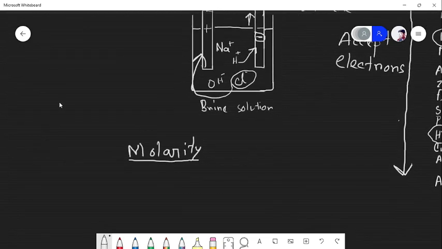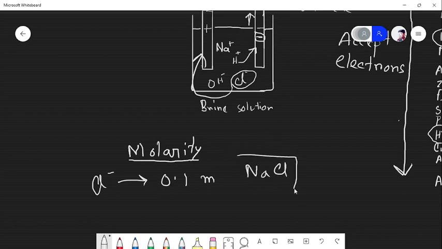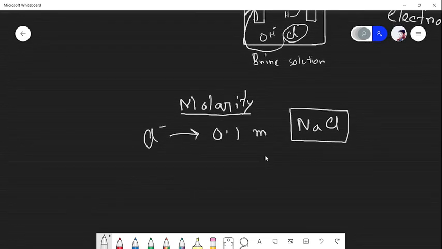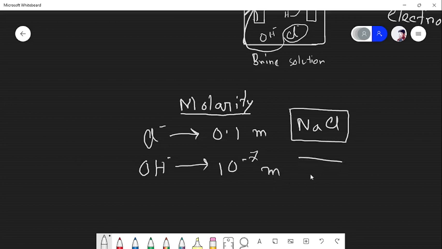The molarity of chloride is 0.1 molar in a sodium chloride solution at room temperature, and the molarity of hydroxide is 10 to the power -7 molar in a typical water solution.